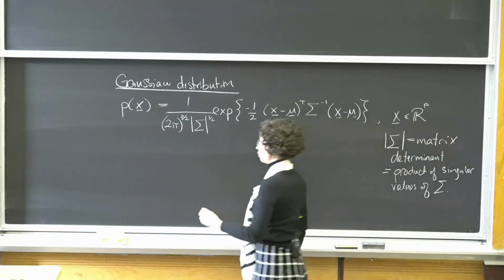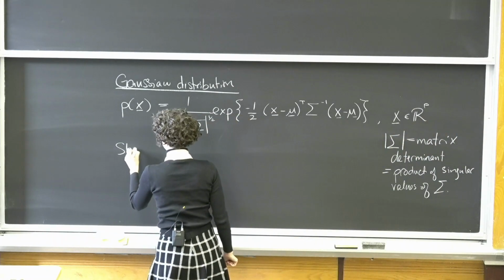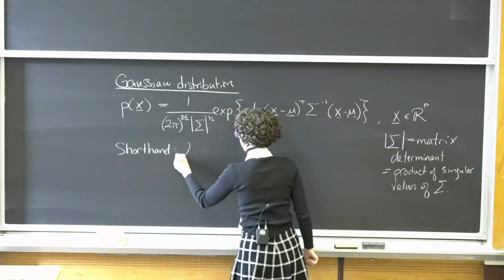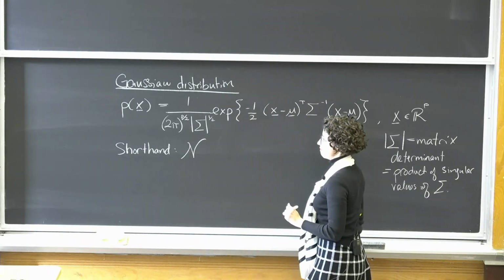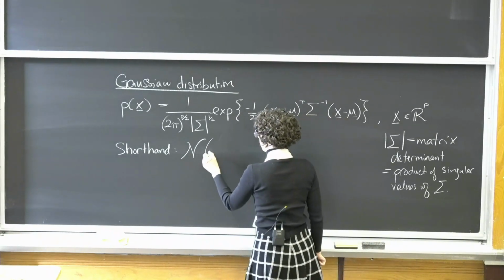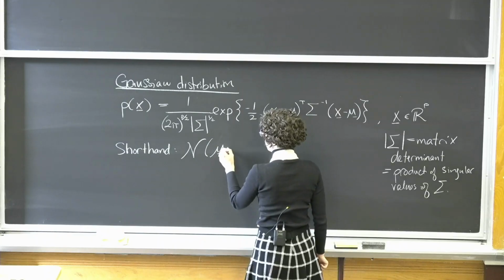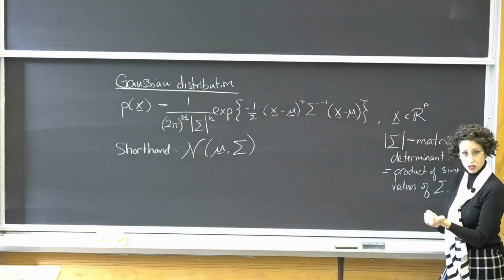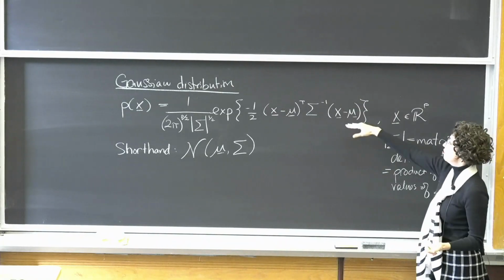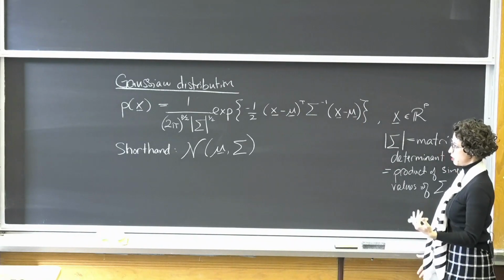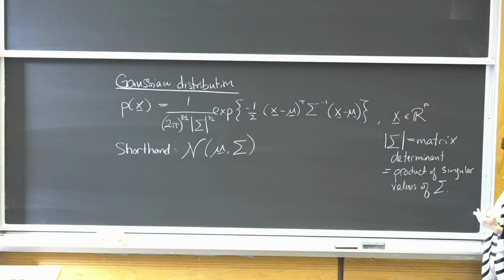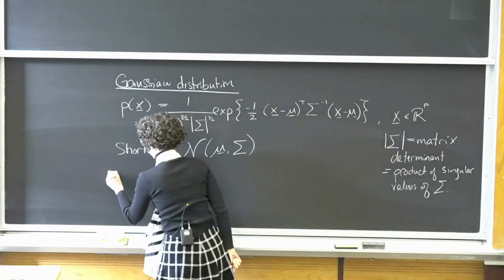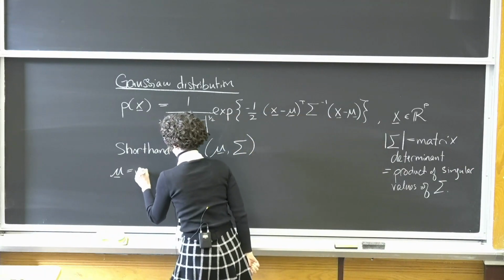So within this expression, first of all, there's some shorthand. We will often write this as a calligraphic N, and then in parentheses, we would have mu for the mean and sigma for the covariance matrix. And if you know those two parameters, then you know everything you need to know about this expression here. So this is a shorthand that we will use a little bit in this class. Within this expression, mu is equal to the mean.